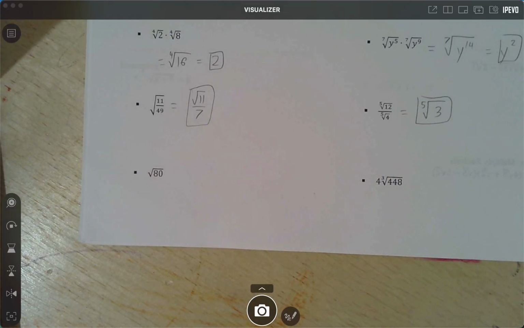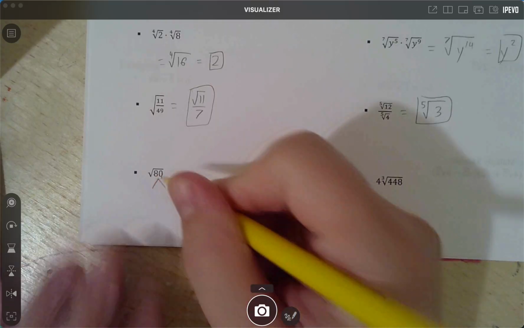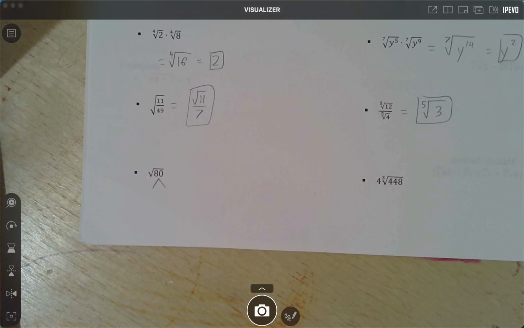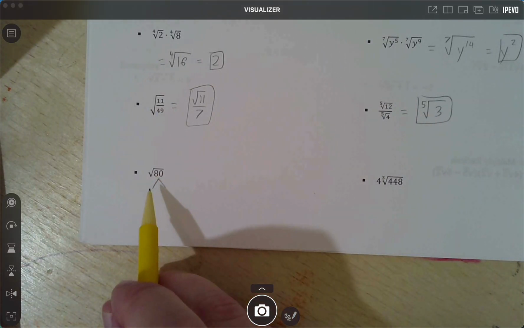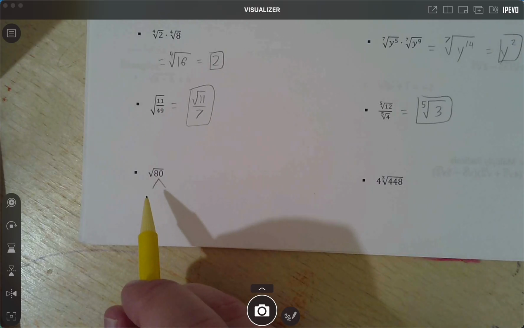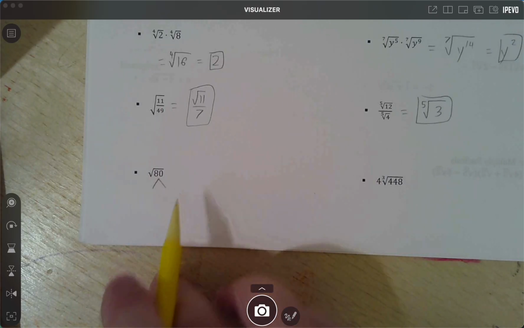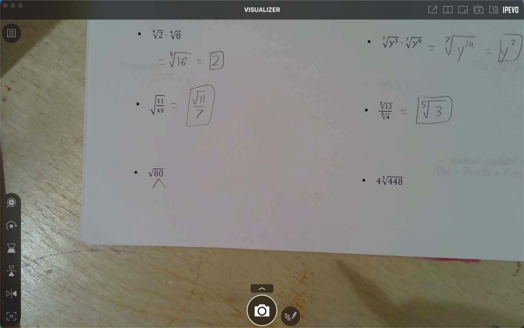Then, this is where we really get into kind of what we were doing with the square root of 18. We can look at 80, and we should ask what the largest perfect square is, but really what we're going to do is just say, can I find a perfect square? What's any perfect square I can think of? Because you can always re-multiply things to get your largest perfect square.